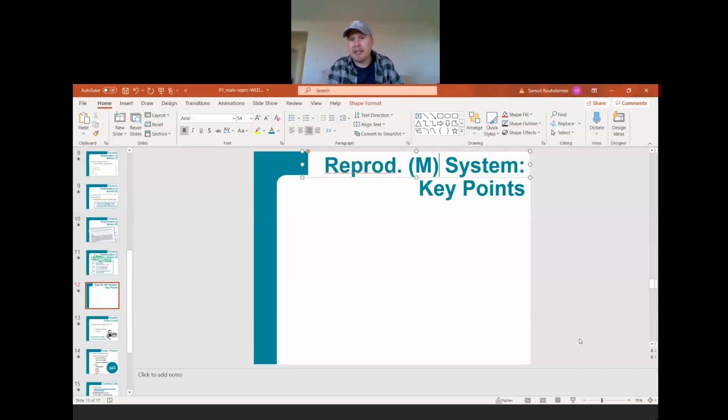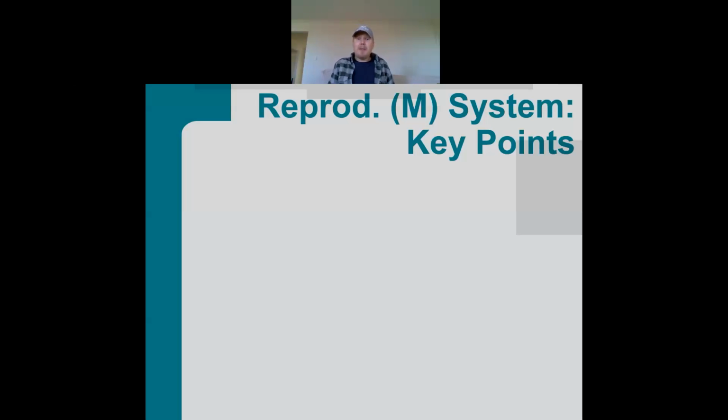And we're looking especially at the male reproductive system. So let me just update that and share again. So we should be able to see the PowerPoint again. And we'll have a look through the male reproductive system.